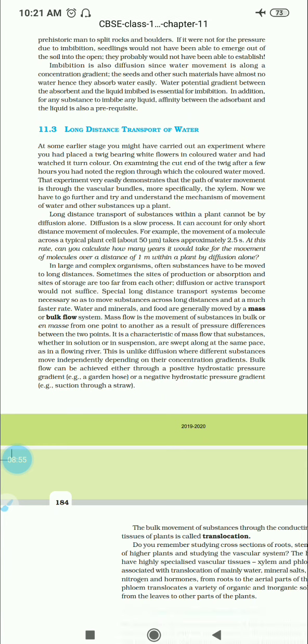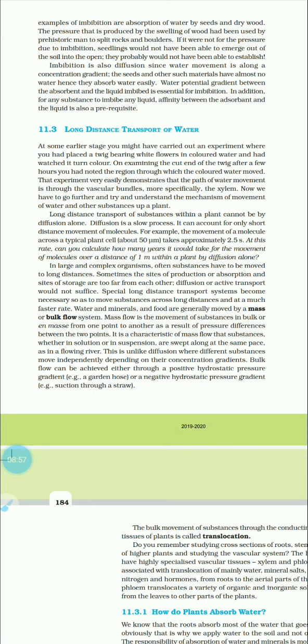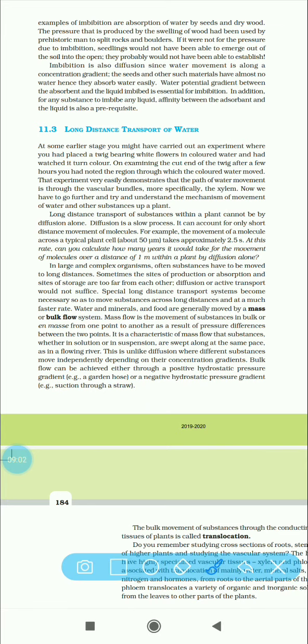They've given this example that for movement of a molecule across a typical plant cell, which is 50 micrometer in size, it takes approximately 2.5 seconds. This is the rate of diffusion. If everything were moved this way, it would possibly take millions of years to travel a distance of 1 meter.